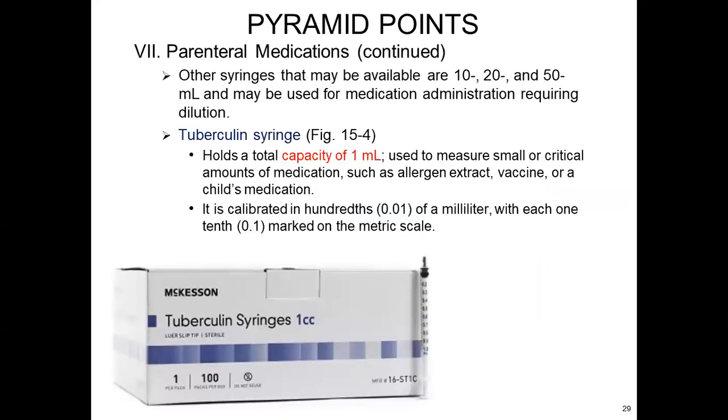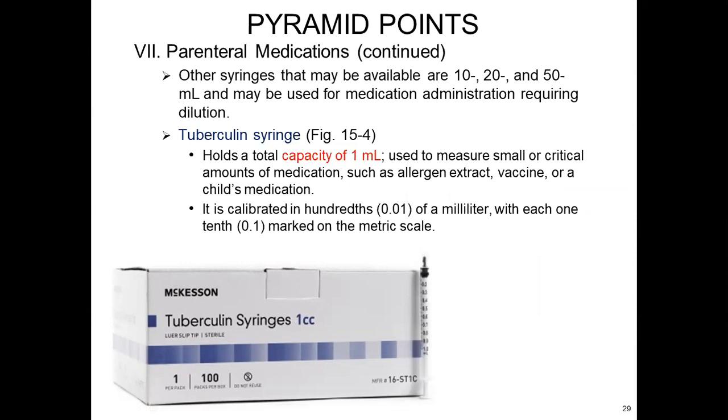Here is showing a tuberculin syringe. So a tuberculin syringe is 1 cc. You see, it looks like this. It holds a total capacity of 1 ml.